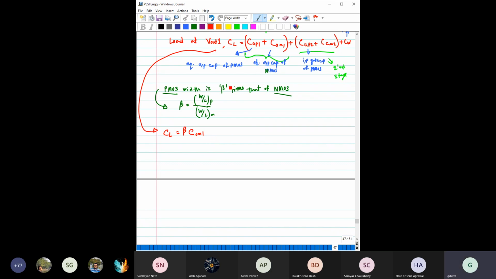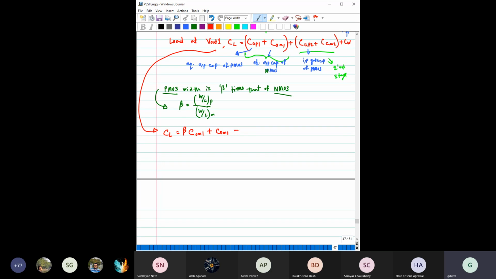If you change or increase the width, the self-loading capacitance changes proportionately, linearly. Then plus this CON1.